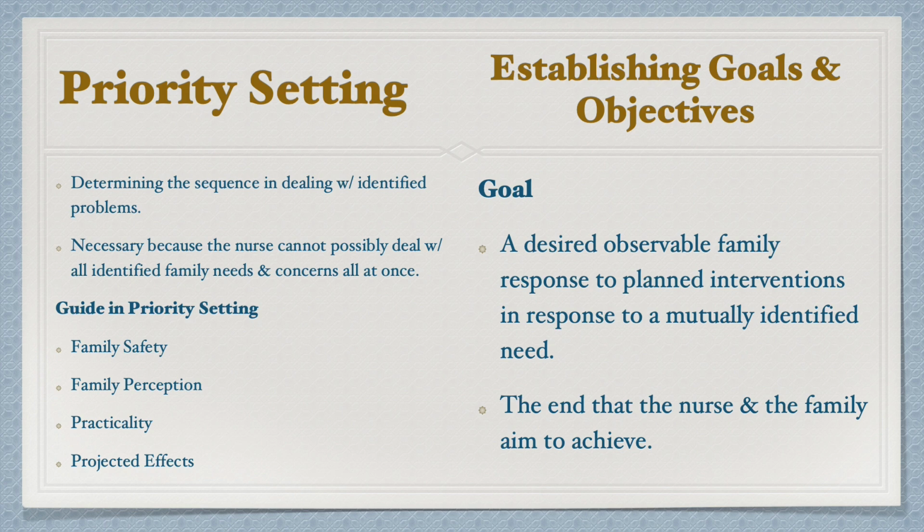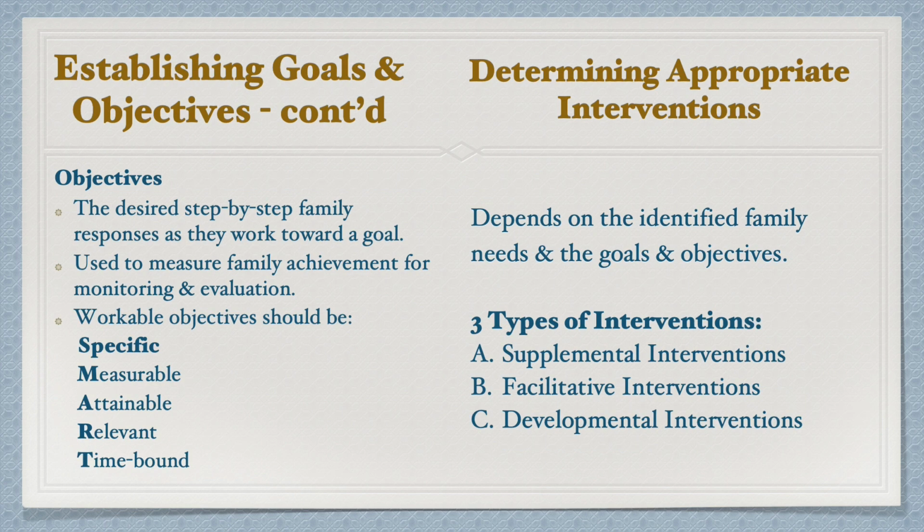Remember that when we set our goals and objectives, we have to set realistic ones, meaning within the limits of the family resources. The likelihood of attainment of the goal is higher if the family owns the goal and if it is achievable within the existing family situation.